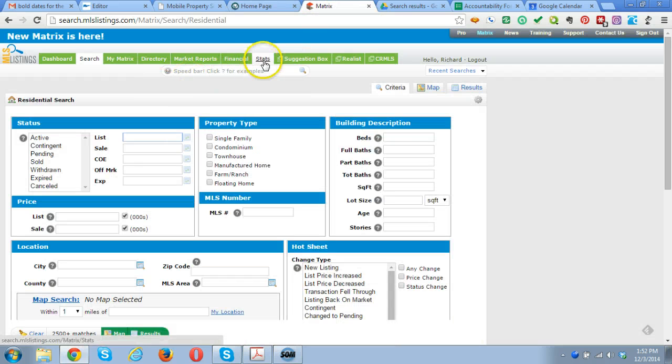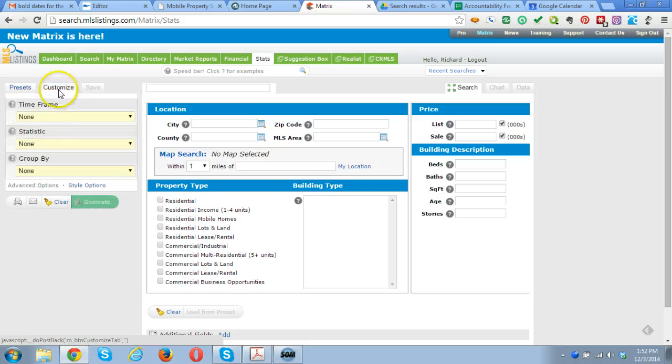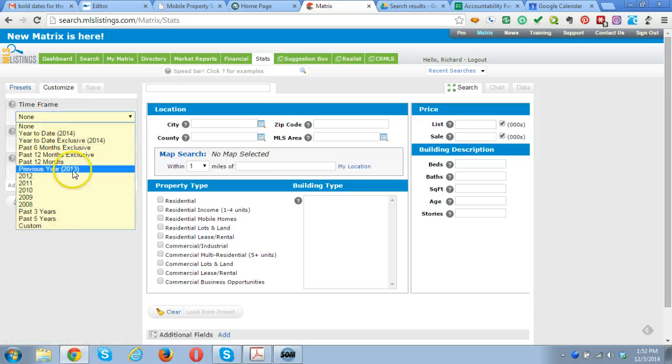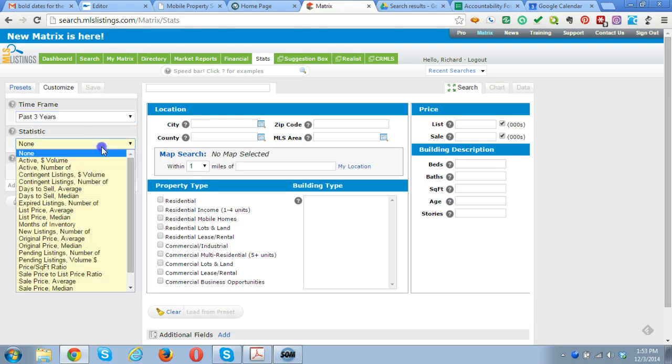So what we want to do is go to Matrix, and we're going to go to Statistics, and we're going to go to Customize, and the time frame we want. I usually do the past 3 years only because it's a quirky thing. In order to get last year, you need 13 months, and they only give you 12-month increments. I could set a custom range, but I'm lazy, so I just say 3 years because I know it goes far enough back.